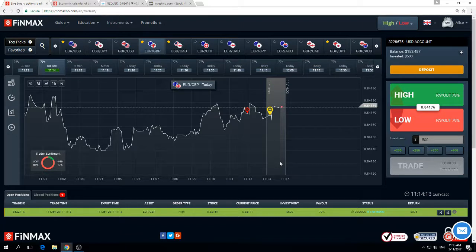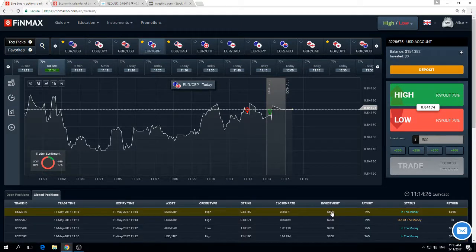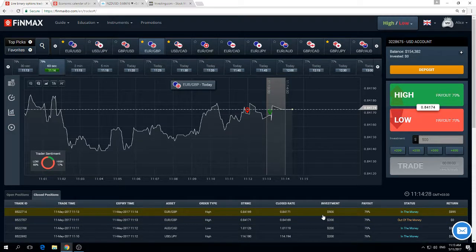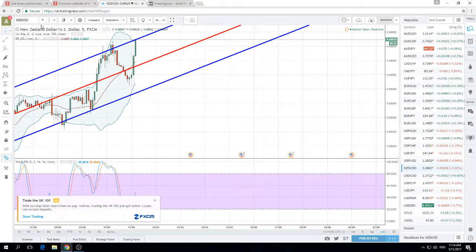So the second trade expired in the money, and as you see, we covered the losses from this trade and ended up in the profit. Okay, so let's right now switch to longer time frames, let's say 15 minutes.